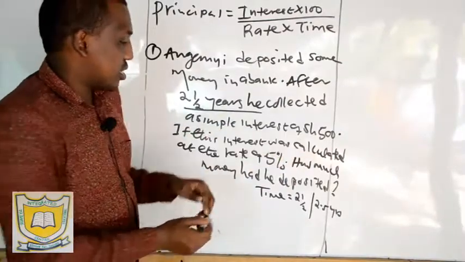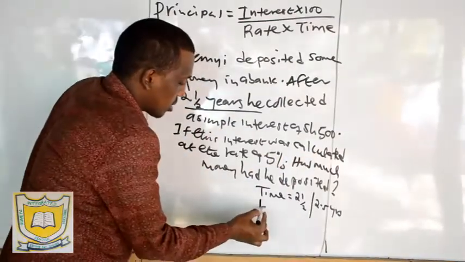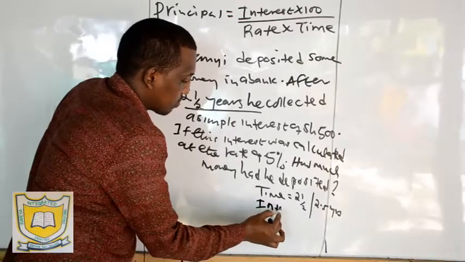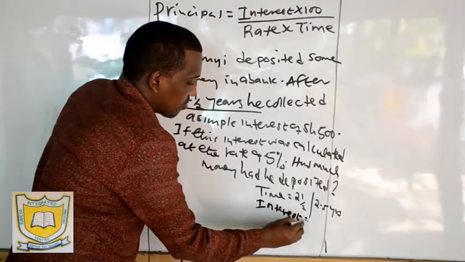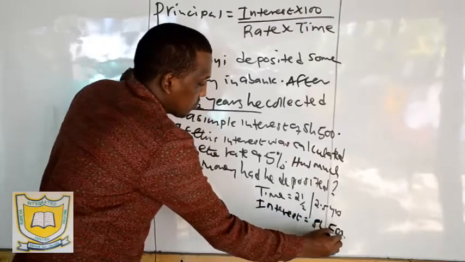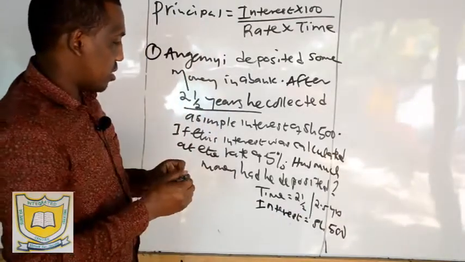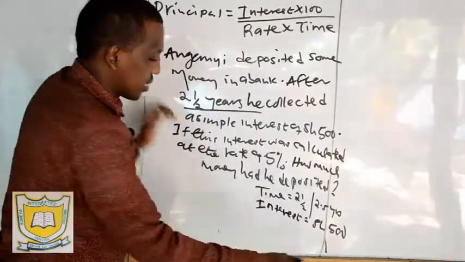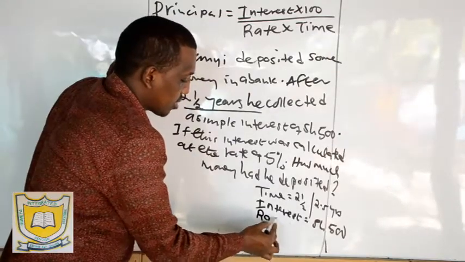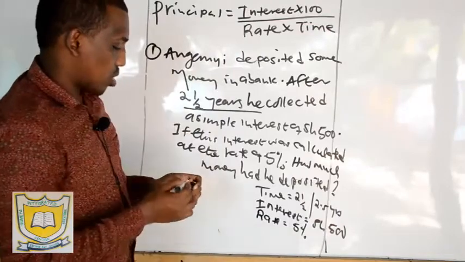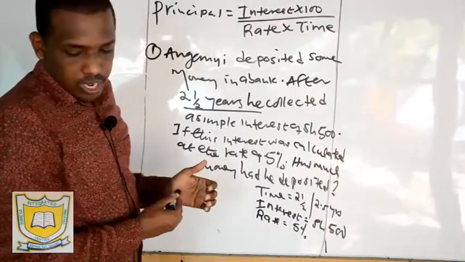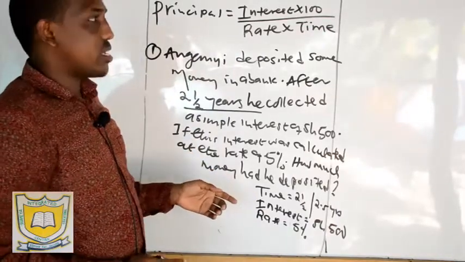Simple interest of shillings 500, that is interest, 500. What else are we given? At the rate of 5%. Rate, we have the rate 5%. Then you are told how much money had he deposited?